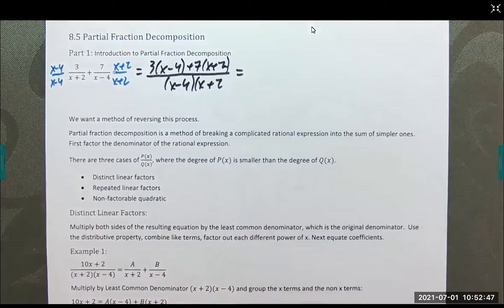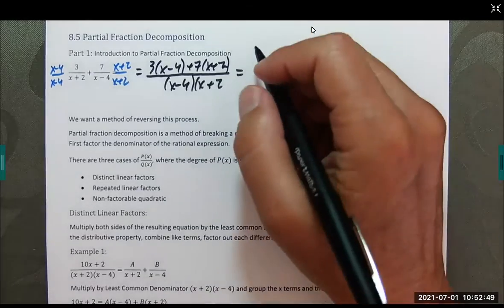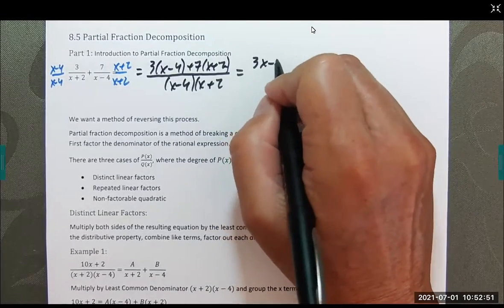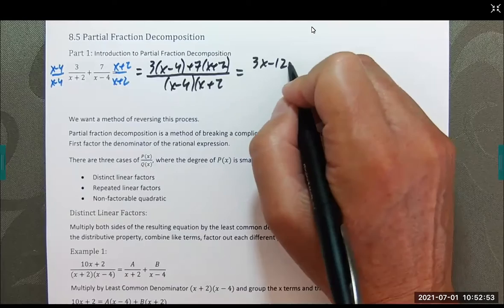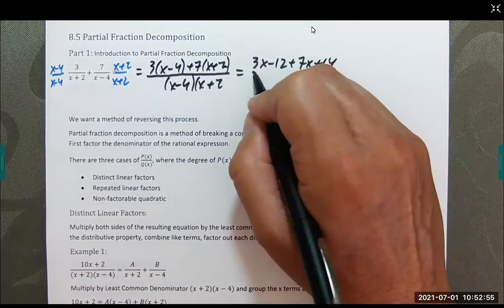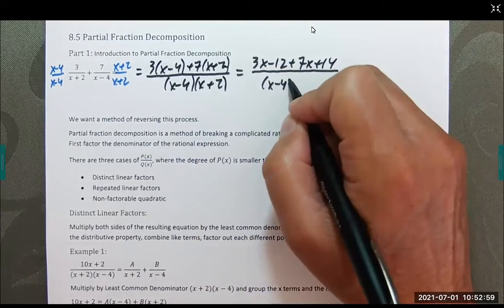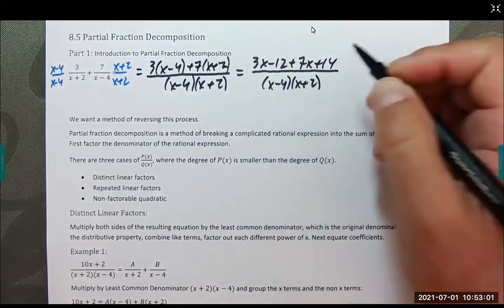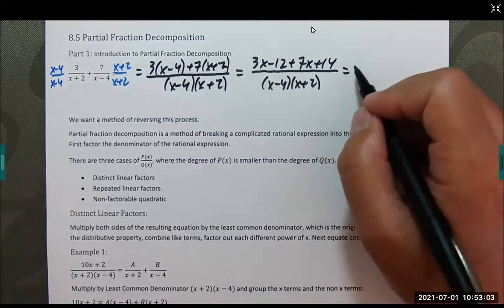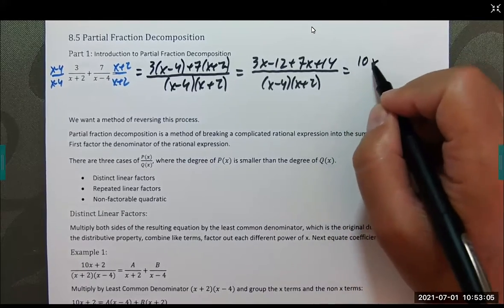And up top, I'm going to distribute and combine. And that gives us 10x plus 2.